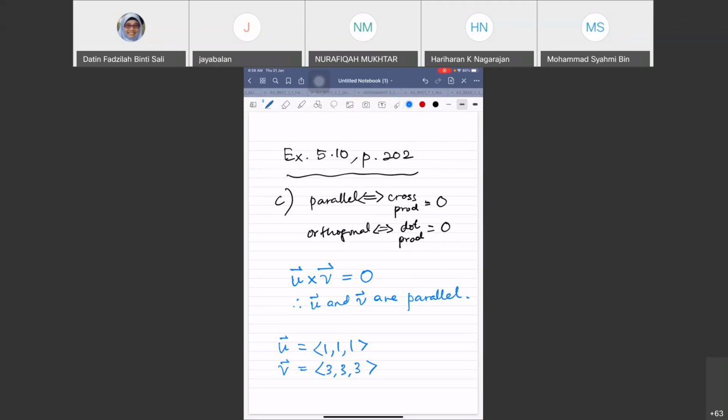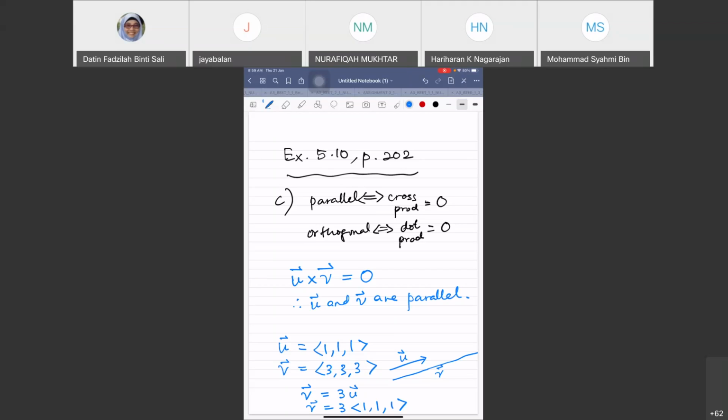I can write V equals 3U, which means V equals 3 times this vector. So in terms of direction, they are parallel. Maybe this is vector U, 1, 1, 1, and there's another vector V, which is 3 times of that. So they are actually parallel.